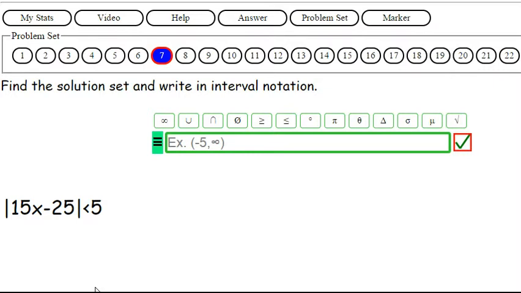So 15x minus 25 is less than 5. Okay. So finally, something a little different than what we've been doing. We have the absolute value of 15x minus 25 less than 5.